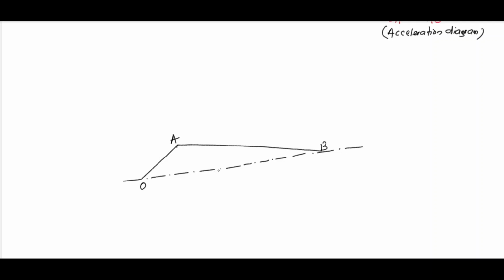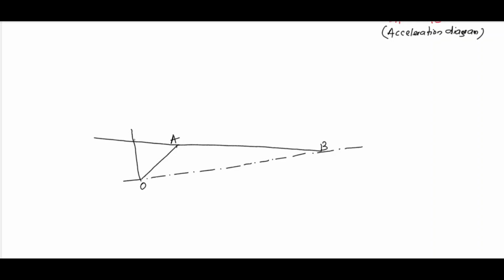Now, remember the first step you can write for the velocity diagram. The first step is to extend this line BA and to draw a line perpendicular to OB. So we'll draw it.